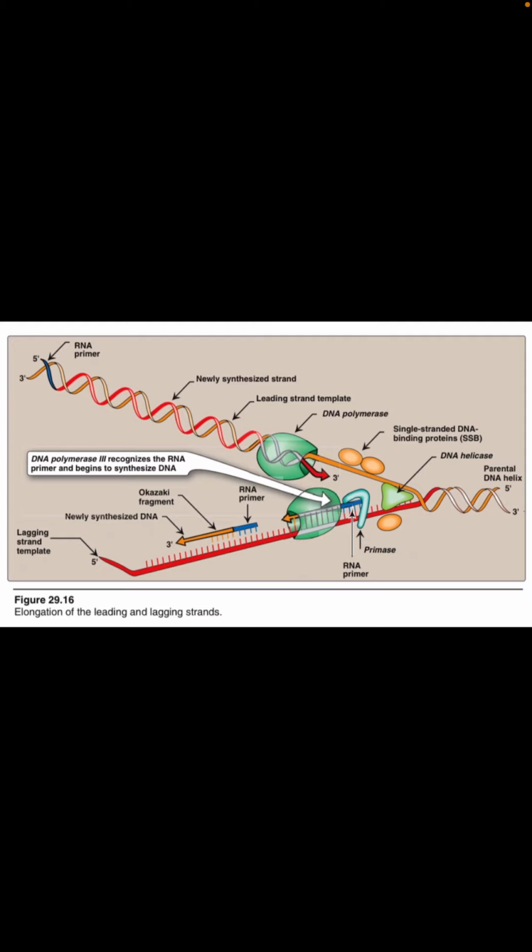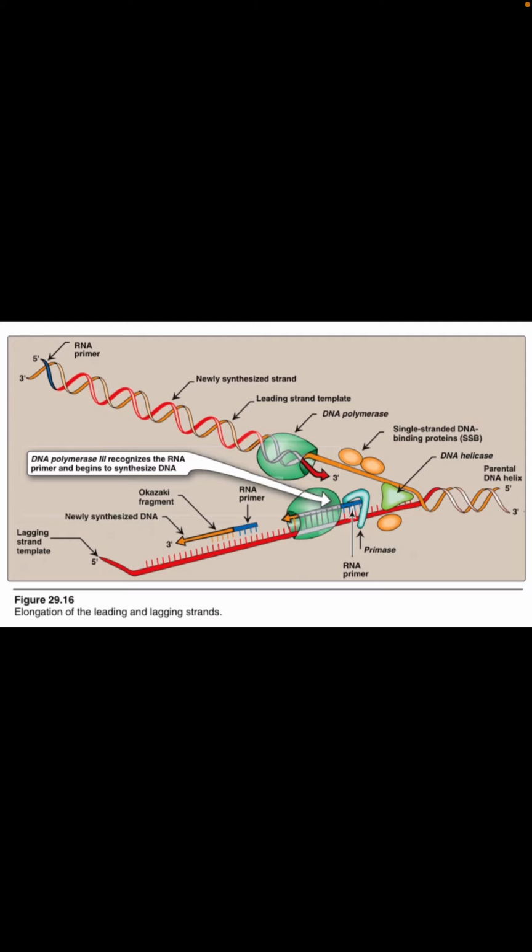So the important things in this diagram are the initiation, which is done with the help of RNA primer, then the role of helicases and single-stranded binding proteins, and during elongation DNA polymerase is going to function in the continuous and discontinuous manner.